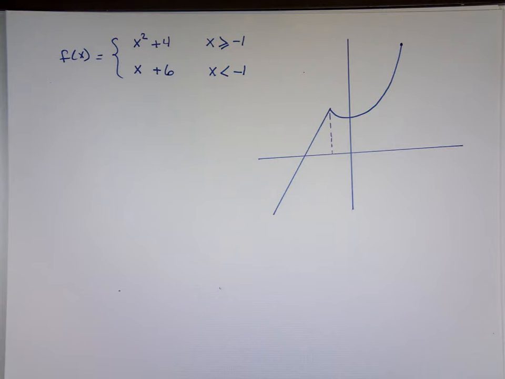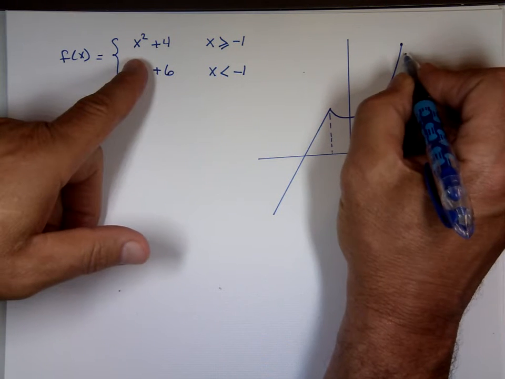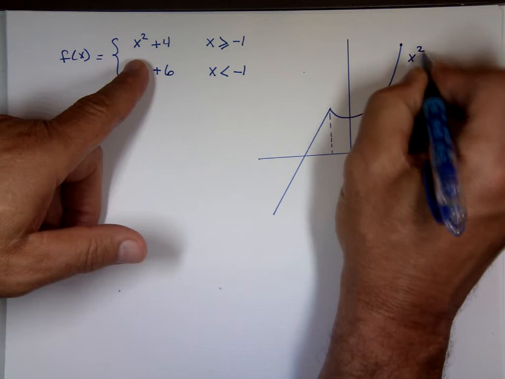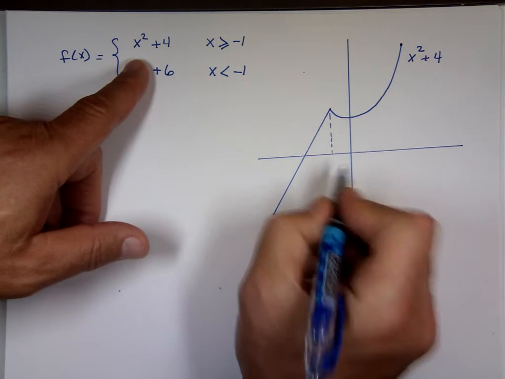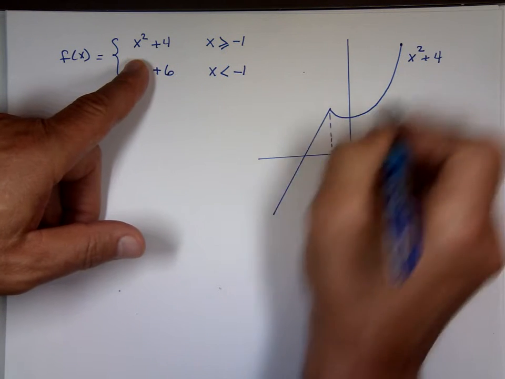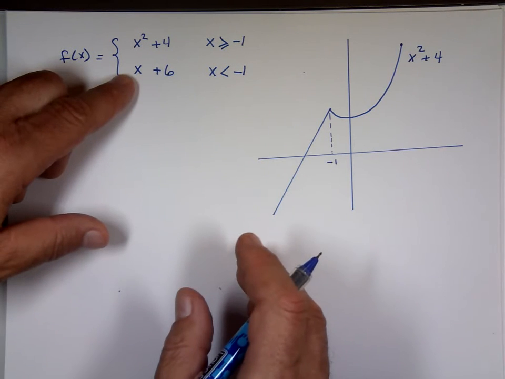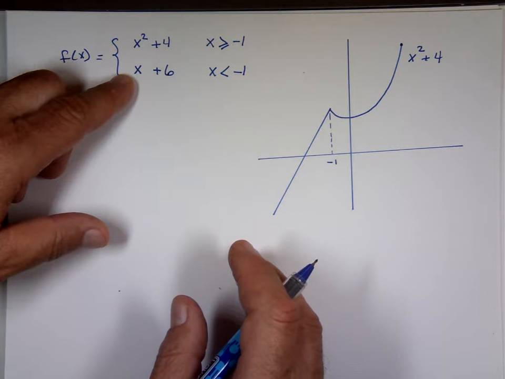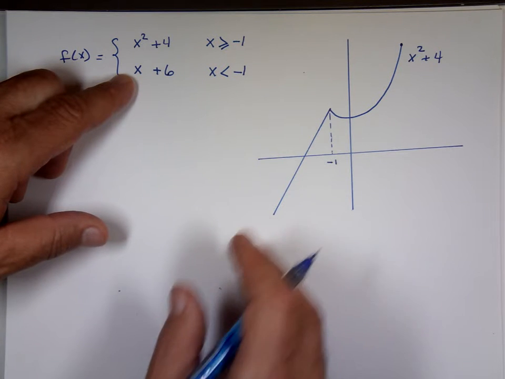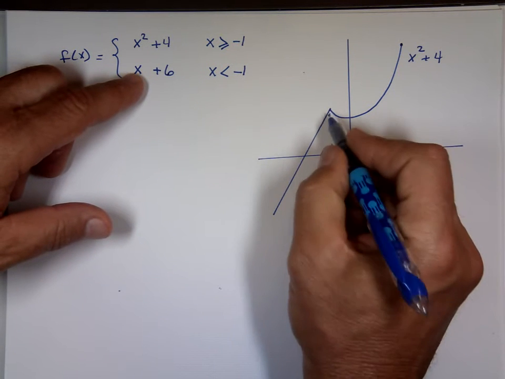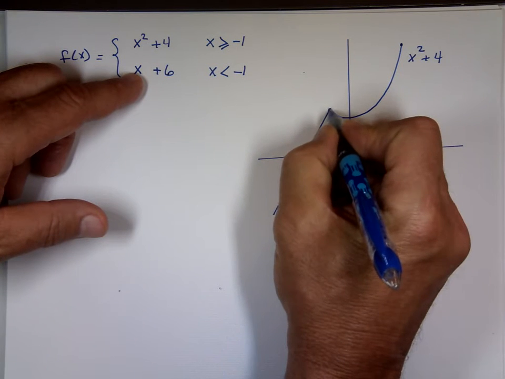So when you look at that, this portion of the graph is x squared plus 4. It's part of the parabola. It's good from minus 1 all the way to infinity. This section is a straight line, has a slope of 1, y-intercept of 6, and it will look like this. And they meet right here.